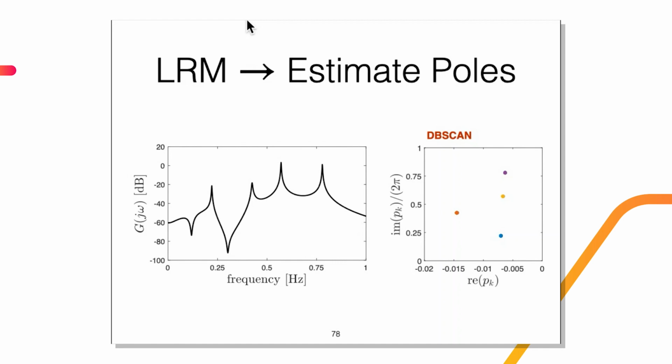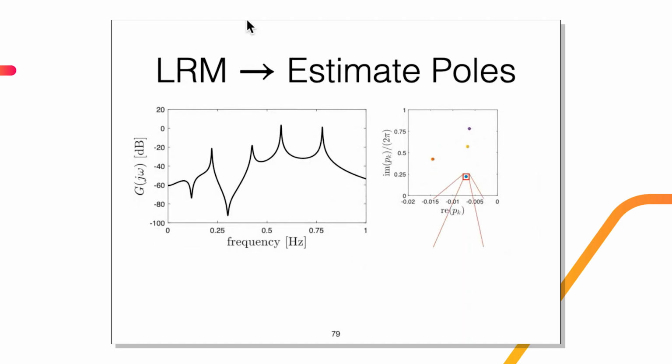And we're going to use the centroids of these clusters as initial estimates of our resonances, of our poles. If you zoom in, you'll see that, for instance, the blue dot that we had there is actually a cluster of a few poles with some uncertainty around it.